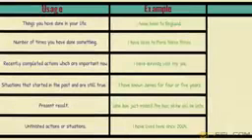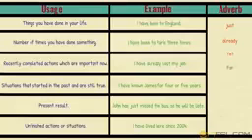Unfinished actions or situation. Since 2004. Adverbs: just, already, yet, for, since, never, ever.